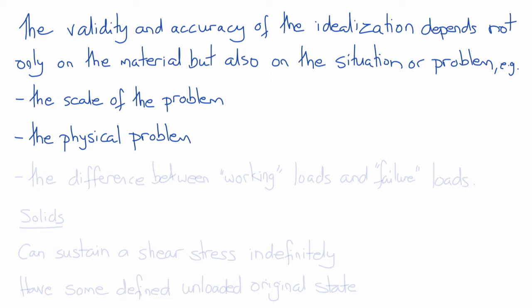For example, the flow of air in the lungs or the flow of blood in the blood vessels can be accurately approximated as an incompressible flow. Blood and air for those problems can accurately be approximated as incompressible fluids.